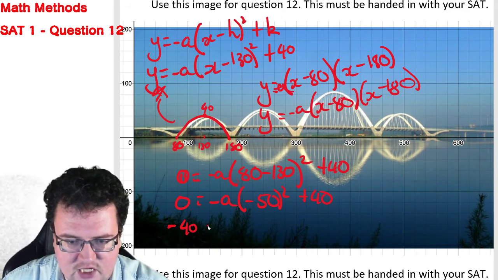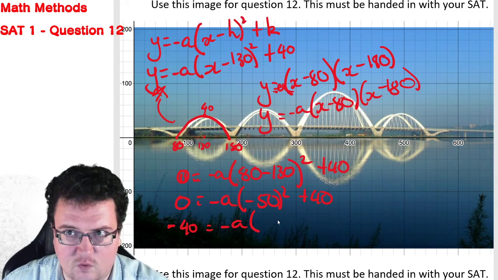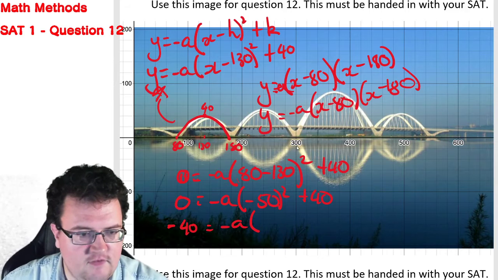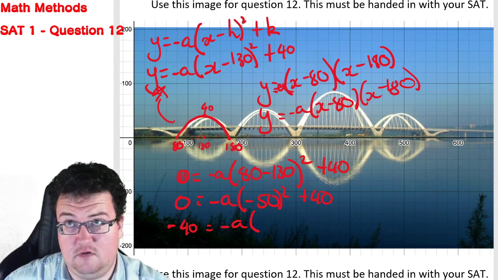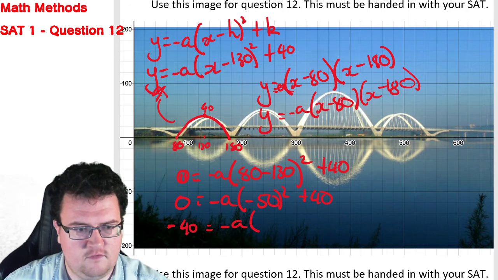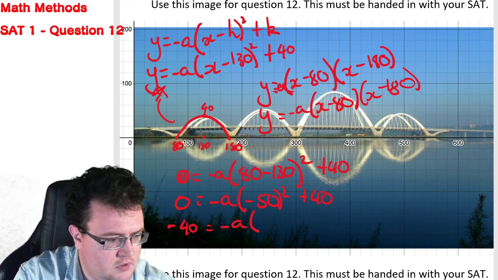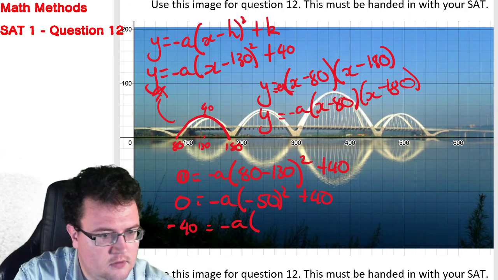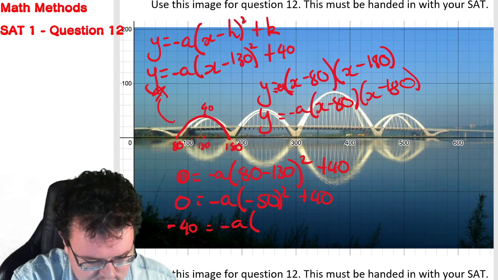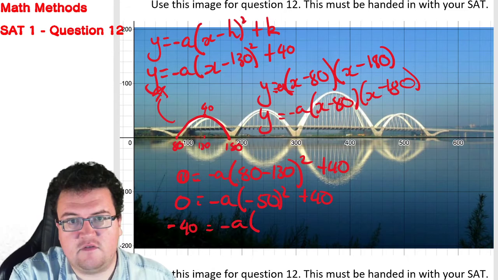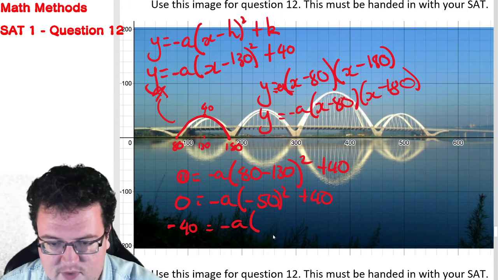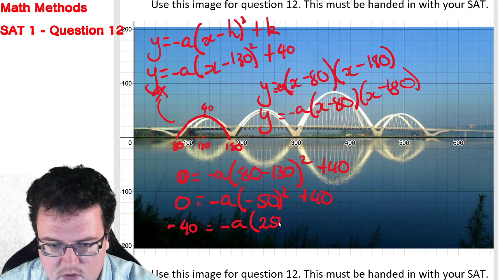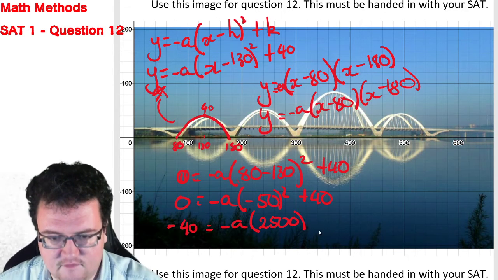Negative 40 equals negative a times 50 squared. What's 50 squared? Yeah, 2,500.